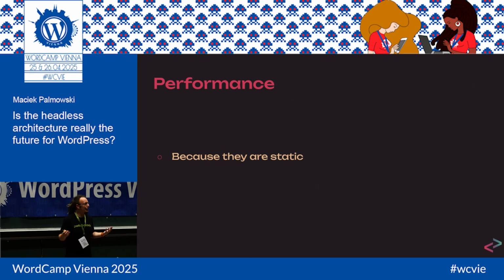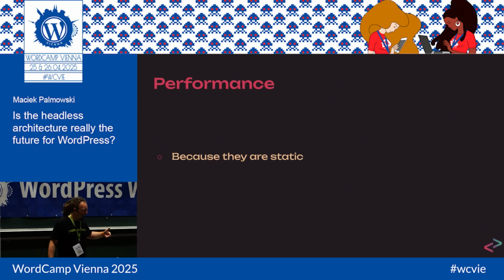And let's be honest, static HTML will always be much faster than dynamic PHP. Sadly, Patrick Posner isn't with us, but he has this plugin called Simply Static, and you can achieve static WordPress without changing architecture. You just install a plugin and push a button, and you'll have a static website.